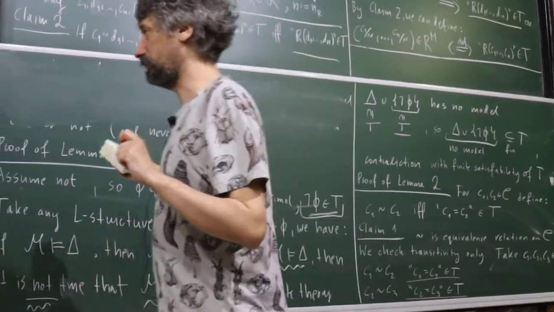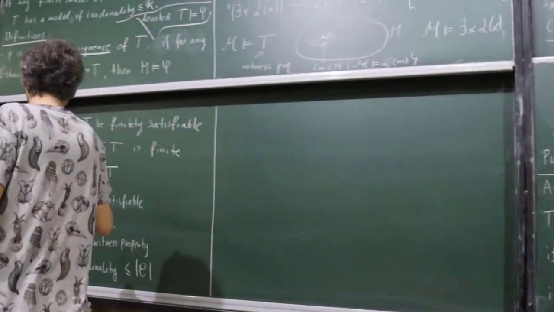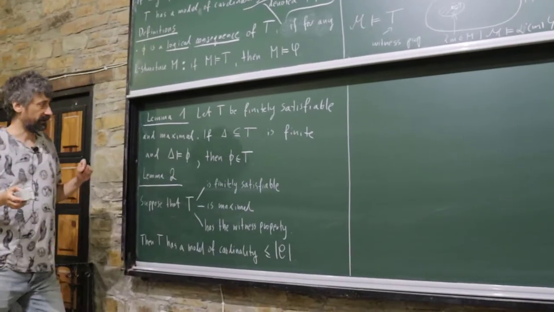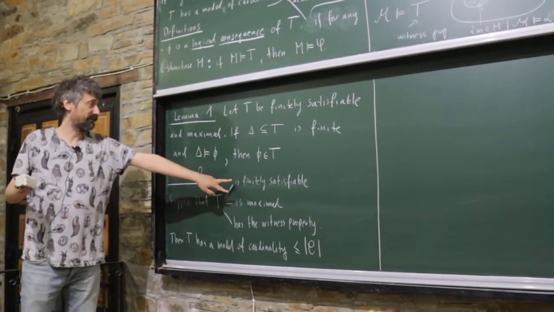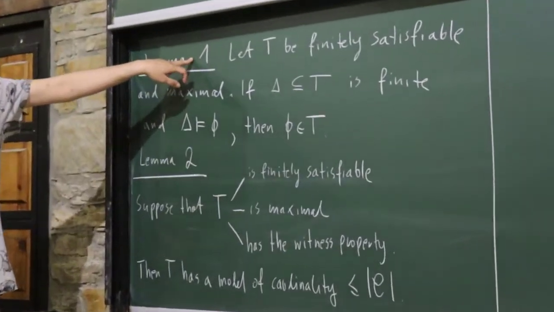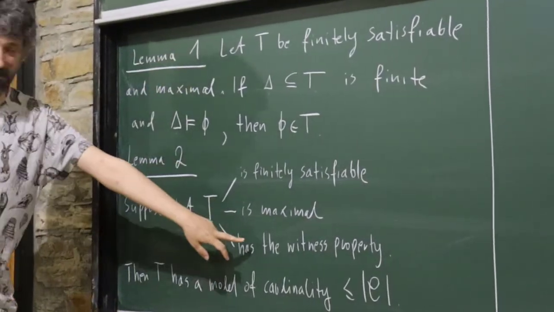So far I used these two things only, maximality and finite satisfiability, to be able to apply lemma 1. I didn't use the witness property yet.